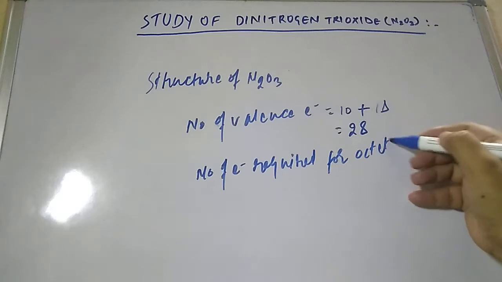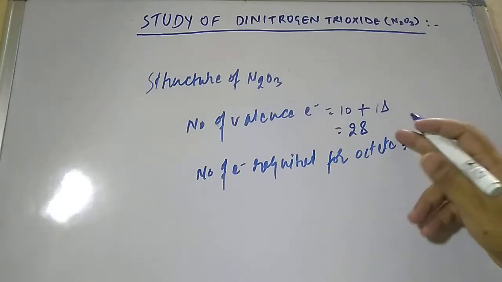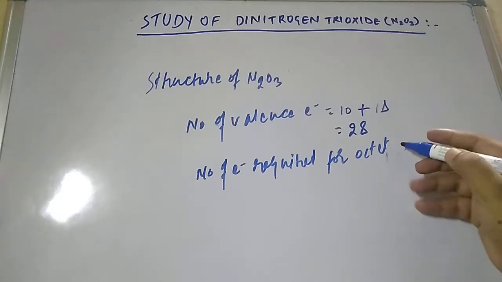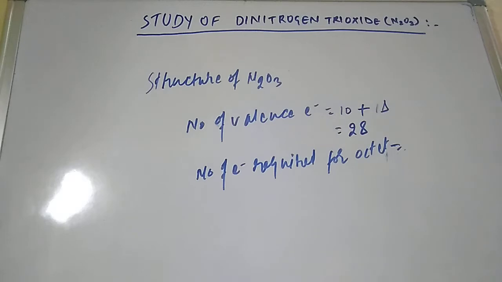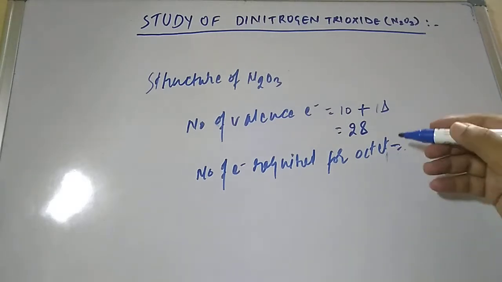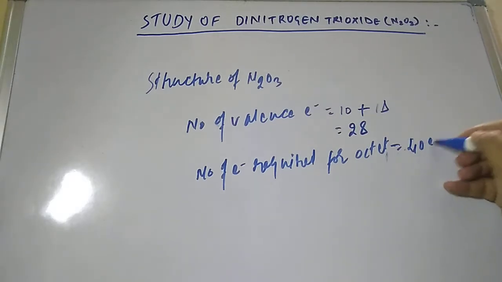In this case there are 5 atoms, so the total number of electrons required is 40.